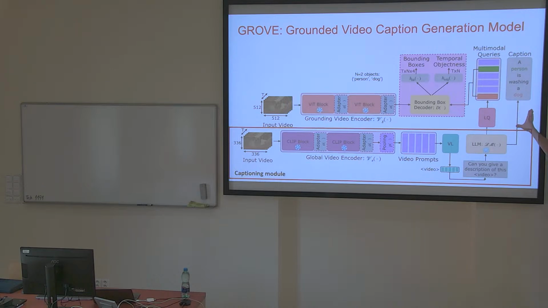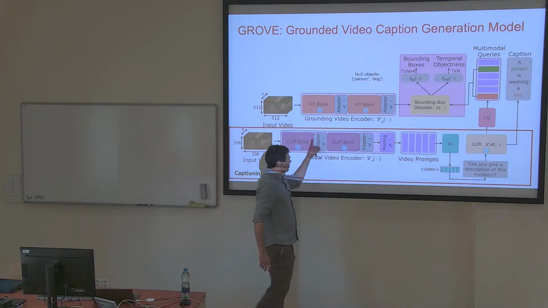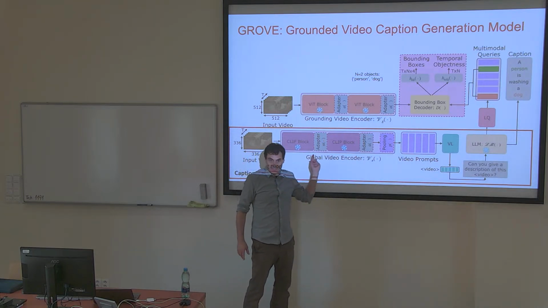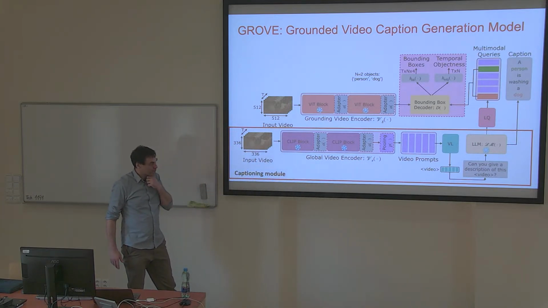So it is a caption with a bit more information identifying the different objects. So this is a captioning branch, fairly standard parts. These red parts are specific for video. They are trained, so fine-tuned, because it's pre-trained on still images and also data to work with video.